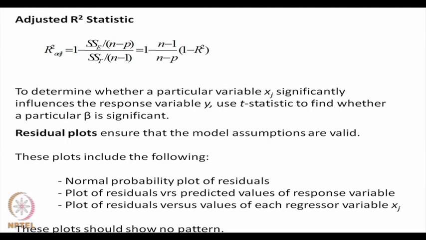Once again, R square or adjusted R square are good indicators of the extent to which the errors are explained by the regression line. We also use t statistics to find whether a particular beta is significantly different from 0.